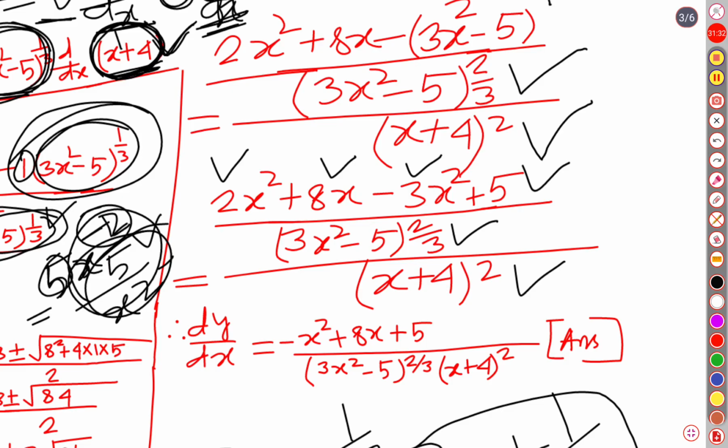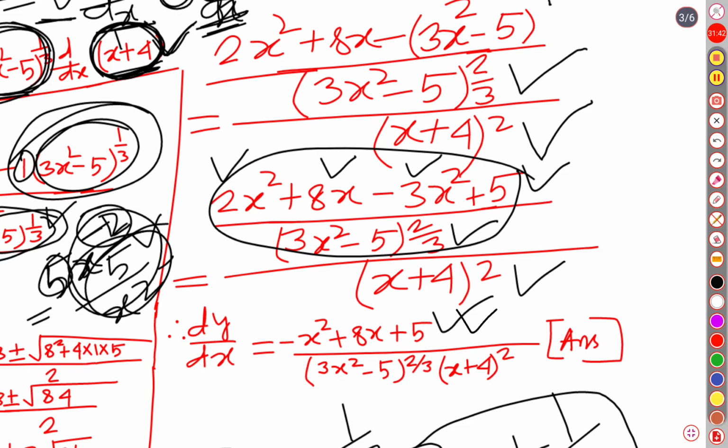If there is a composite function, the first function will remain unchanged. Look, it has remained unchanged. 2x squared minus 3x squared plus 2x squared: if we subtract 2 from 1, it is negative x squared. Then 8x is unchanged, and positive 5 is also unchanged.